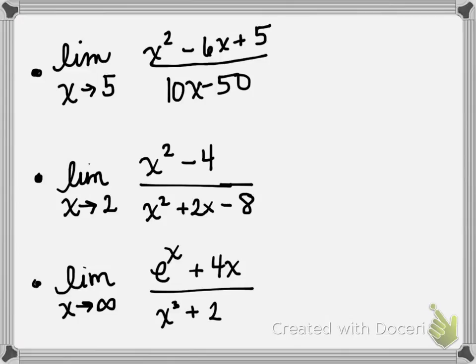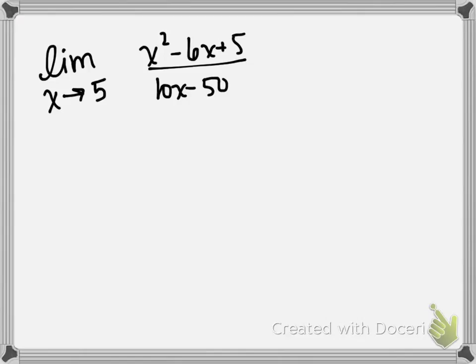So let's start with this first example. I'm going to go ahead and rewrite it. Take the limit of x squared minus 6x plus 5 over 10x minus 50 as x goes to 5. So this is a rational function. If 5 is in the domain of the function, then we can just evaluate the function at 5.